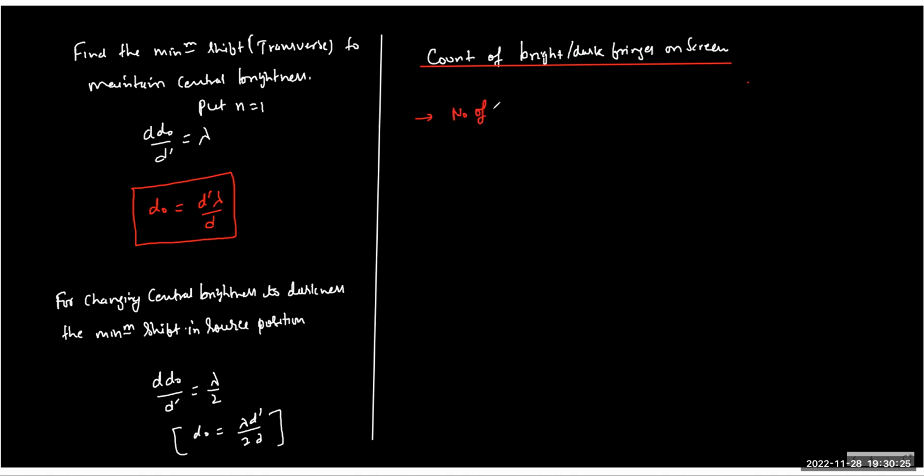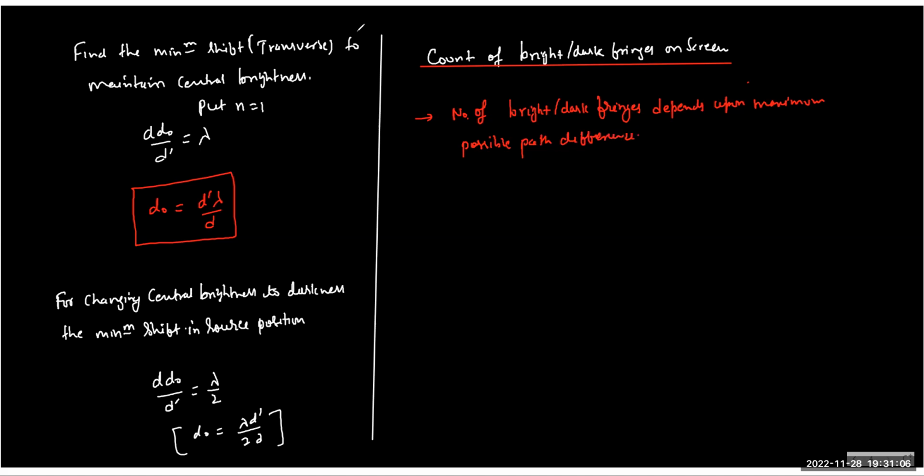The number of bright and dark fringes depends on the maximum possible path difference.